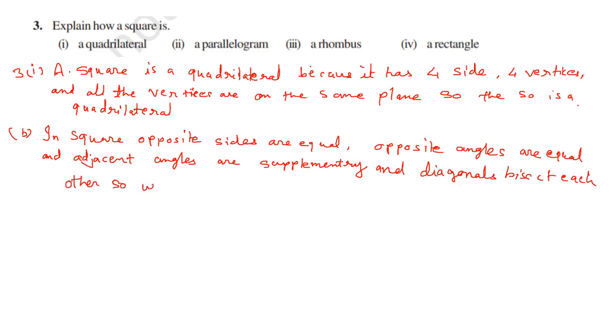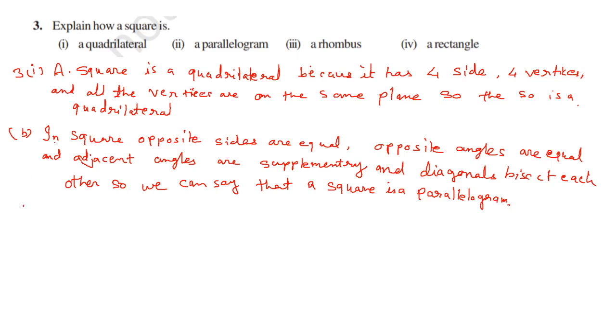So we can say that square is a parallelogram. All these are the properties of a parallelogram, and all the properties are followed by the square also. So we can say that square is a parallelogram also.